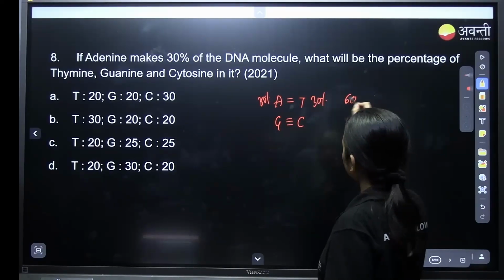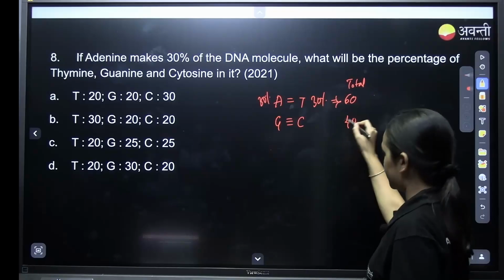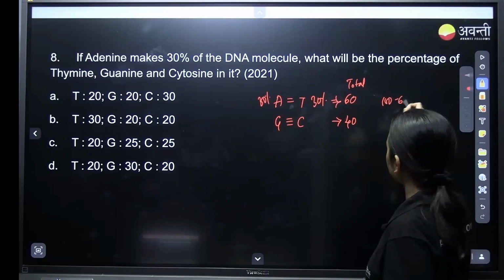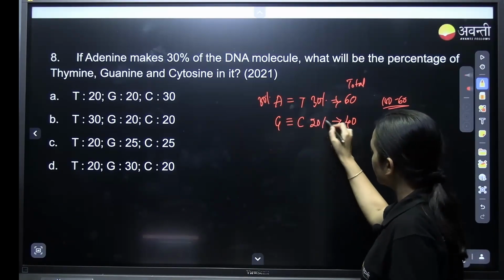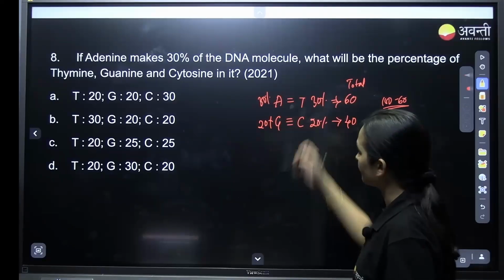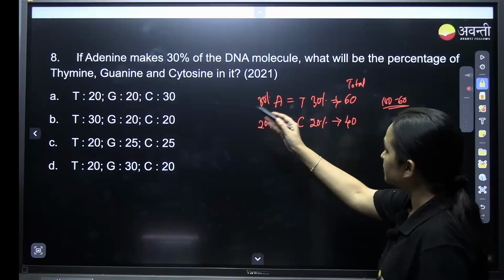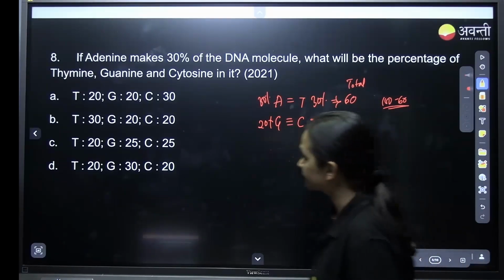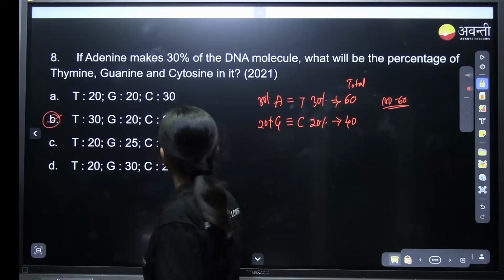Together this is 60%, so 100 minus 60 leaves 40%, basic math. So if it is 40, then it should be 20 and 20. So T, G, C is 30, 20, 20. Where is 30, 20, 20? Yes. What did you say? Option C.